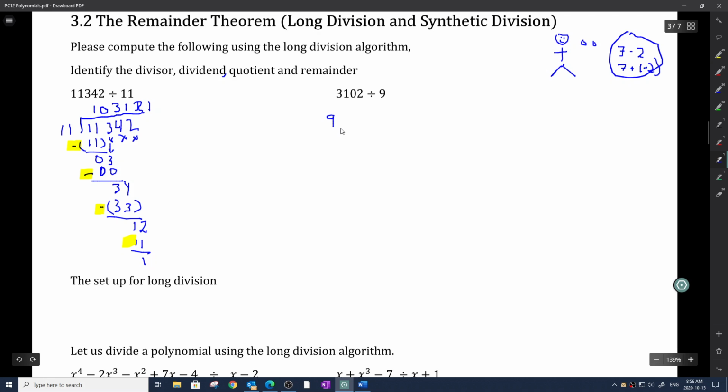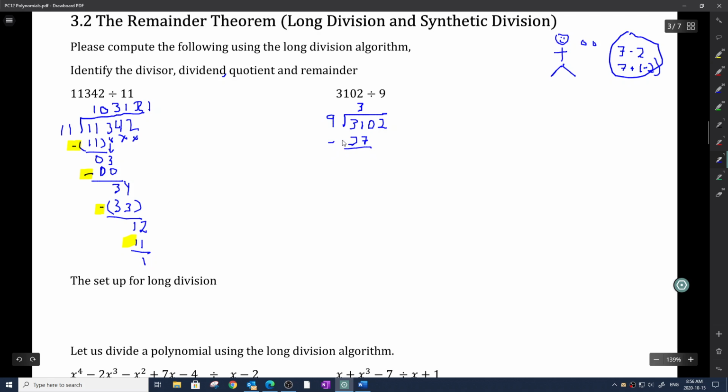So 9 goes into 3,102 how many times? All right, let's go. I haven't answered the question. We need to identify all of these things. 9 goes into 3. Nope. 9 goes into 31 3 times. 3 times 9 is 27.